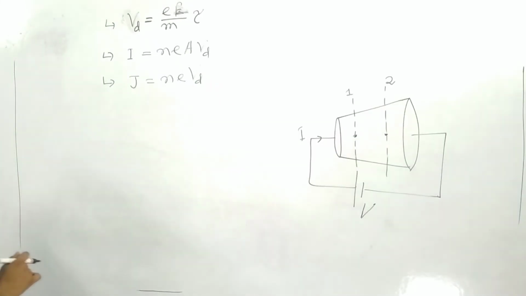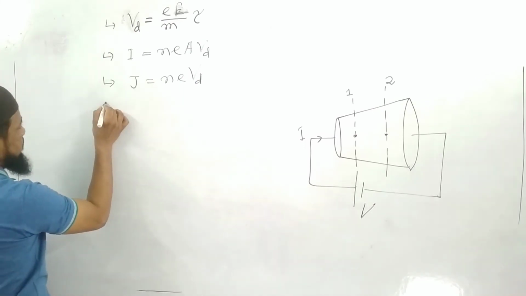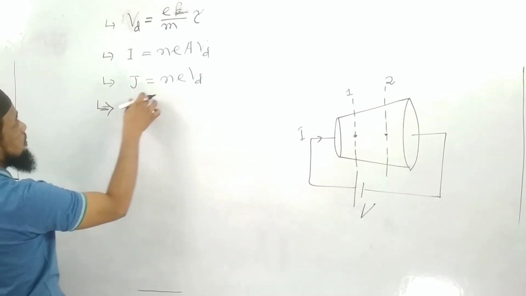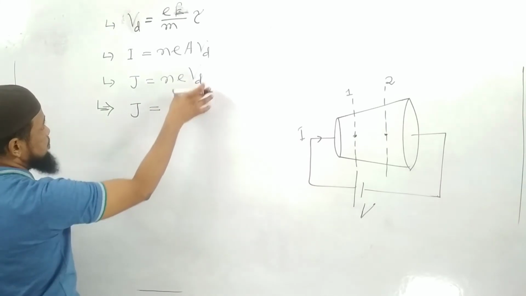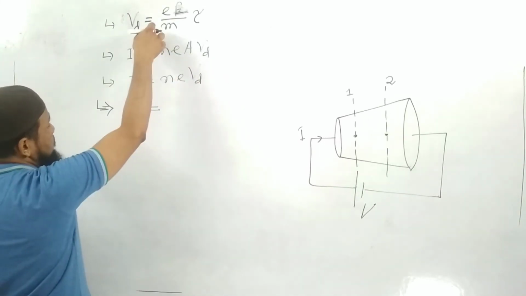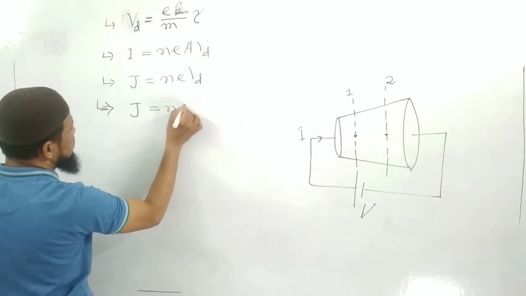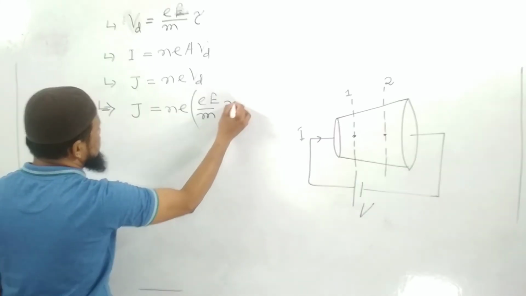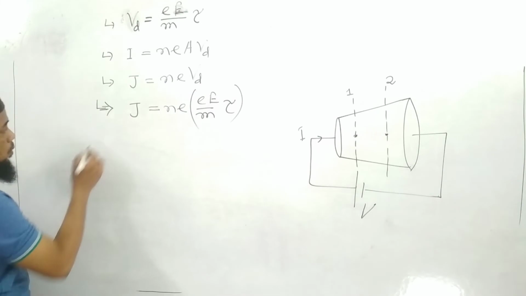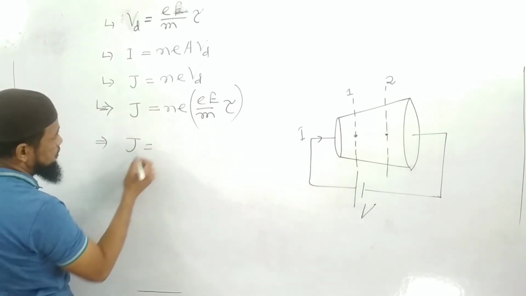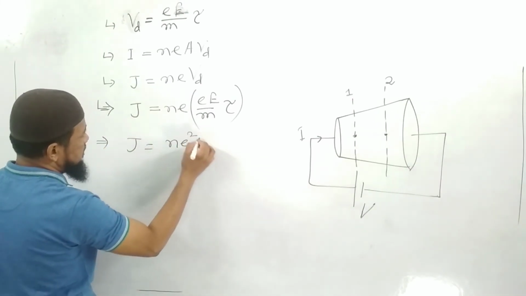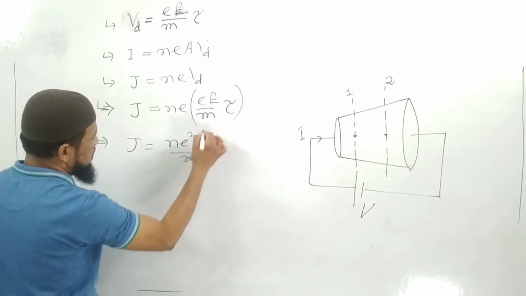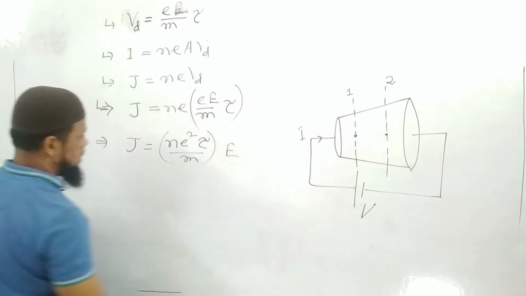Anything else? From here we will get another important relation. What is VD from the first equation? VD is E capital E by M into tau. So we get J equals E square tau divided by M into E.